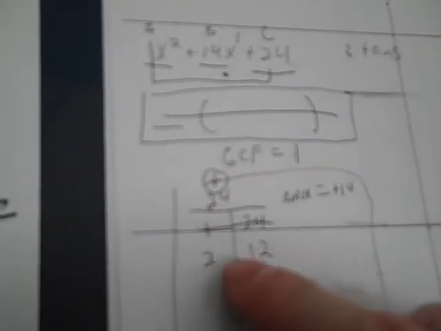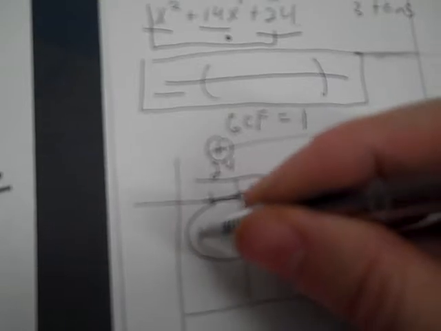Okay, 12 plus 2 is 14, so I have found it. 14's plus, that means that 12, it has to be plus. And we have a positive there, that means the signs have to be the same. So if that's plus, the same as a plus would be another plus.